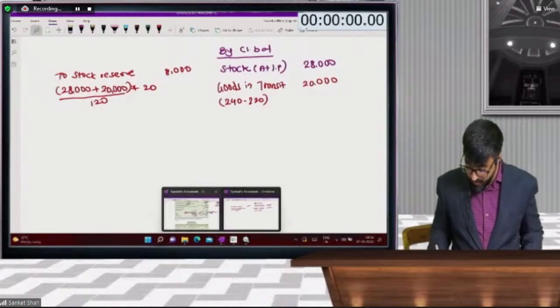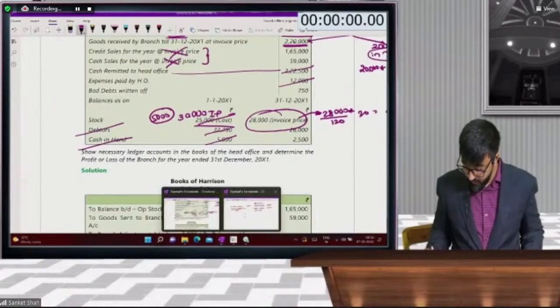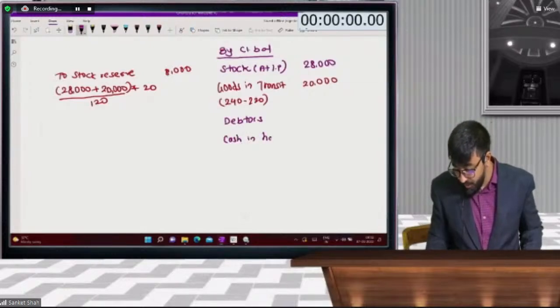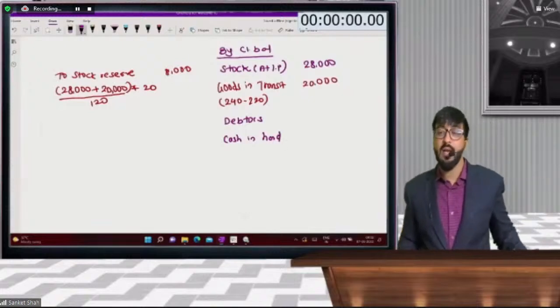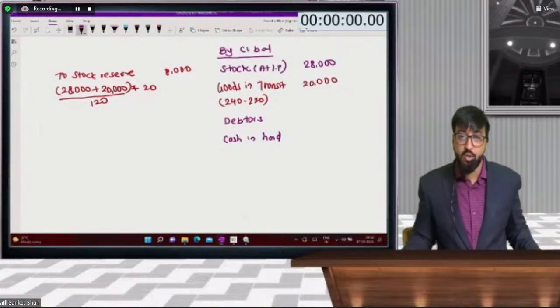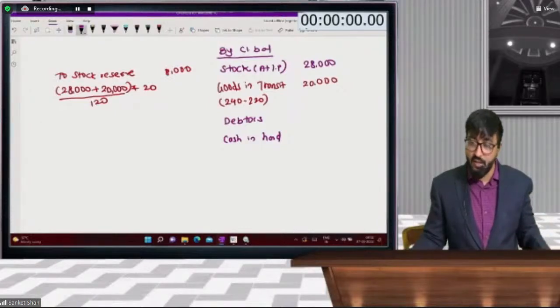Debtors and cash in hand. As opening and closing balances are given in the question, in the exam, if the method is not mentioned, which method should we follow? That might be a question in your mind. If the method is not given, but opening and closing balances are given, try to follow the debtors method.